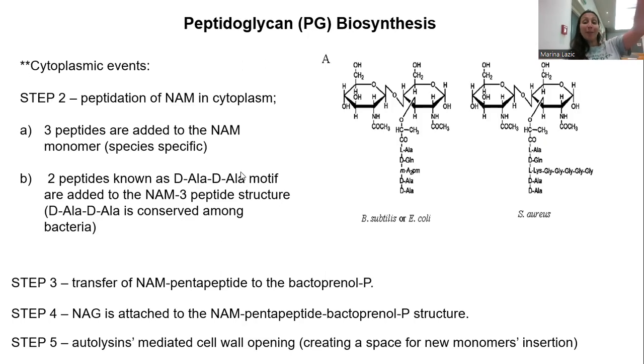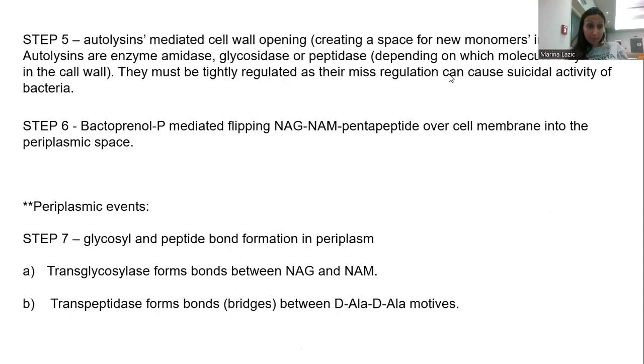Even though you first had to have NAG built, now you have basically all that structure, NAM pentapeptide bactoprenyl NAG, and now autolysins are enzymes that are basically mediating cell wall opening. They create space for insertion of new monomers.